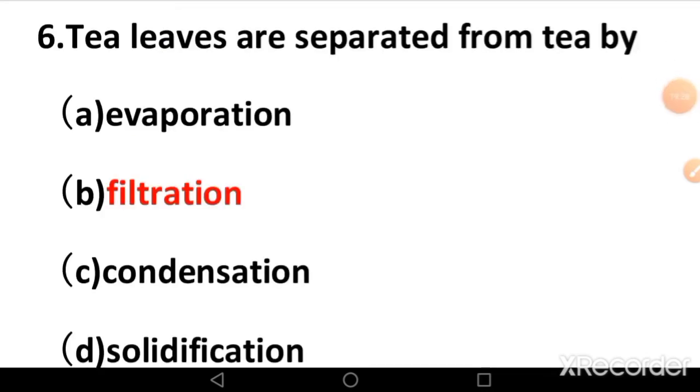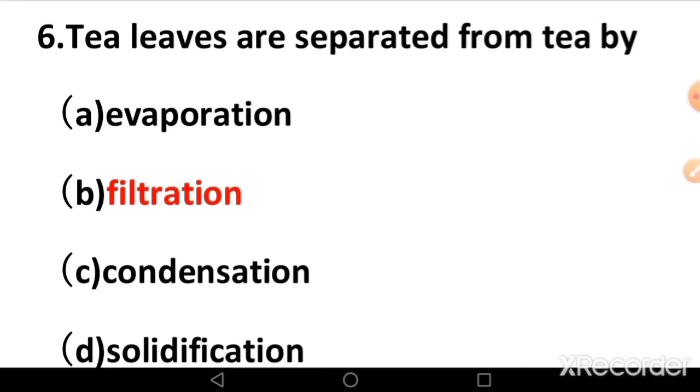Sixth MCQ, tea leaves are separated from tea by: option A, evaporation; option B, filtration; option C, condensation; and option D, solidification.